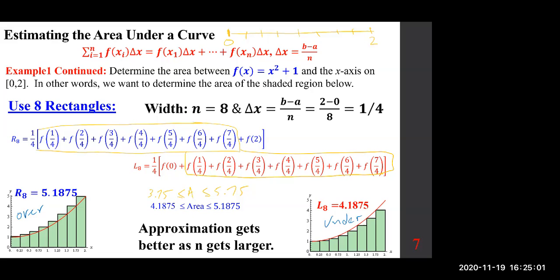So let me use a different color here. It is increasing, and it is also concave up. Okay, that's why. Because if it's not, it's not going to work out that way. You really have to look at the graph.